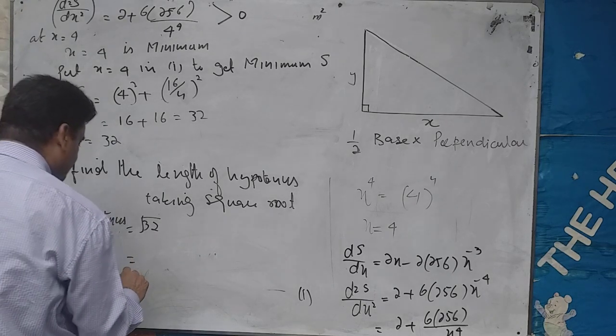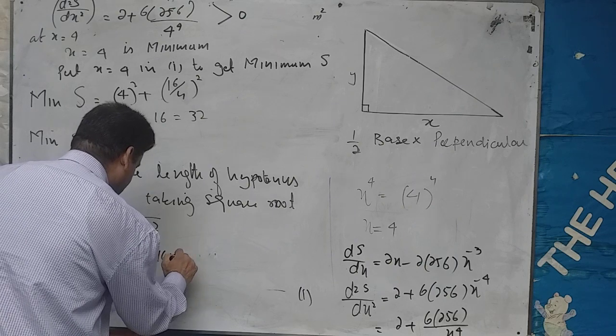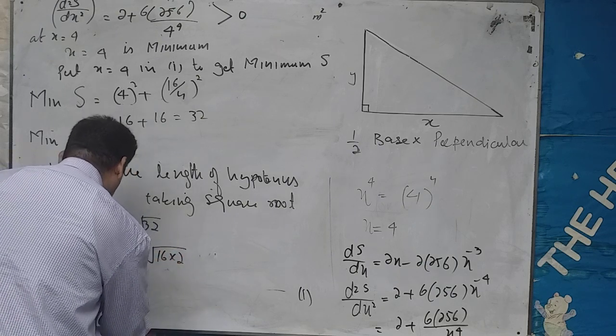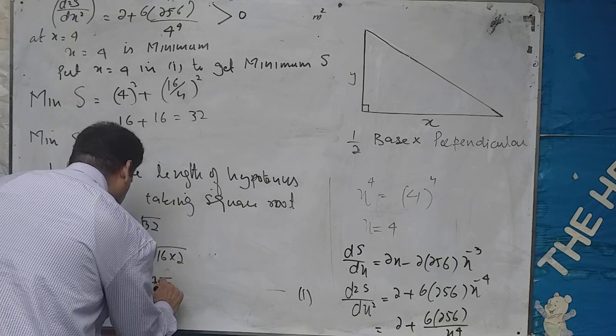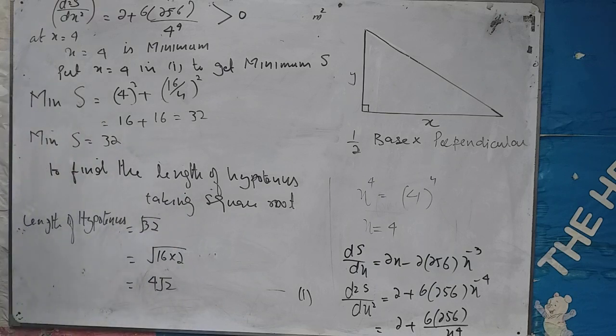We can write 16 multiplied by 2, which is 4 root 2, which is the length of hypotenuse, which is minimum.